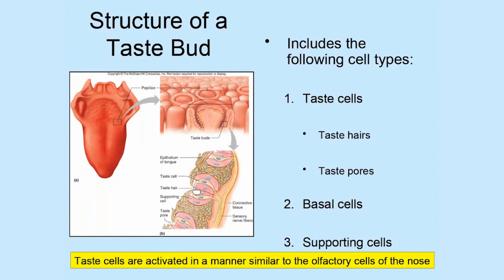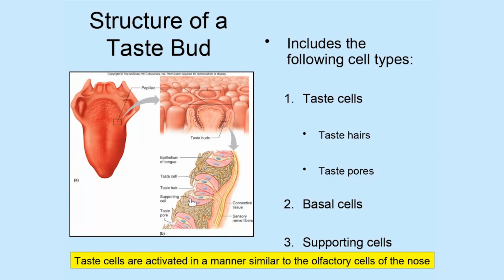If you look at the dendritic end of these taste cells, so these neurons that are picking up tastes, they are kind of branched off into taste cilia or taste hairs. So they've got those little cilia-like extensions or hair-like extensions on their dendritic end that we saw with the chemoreceptors in the nose as well. This is where taste molecules are going to actually bind.